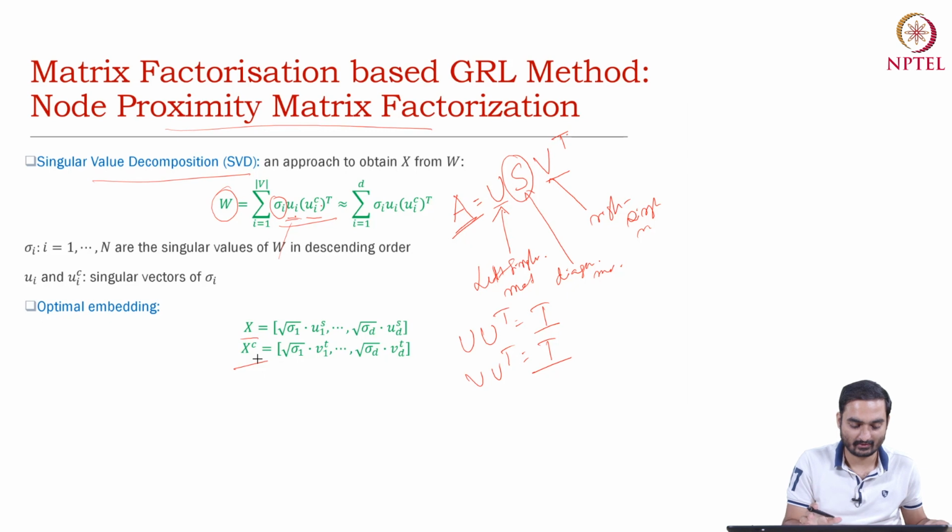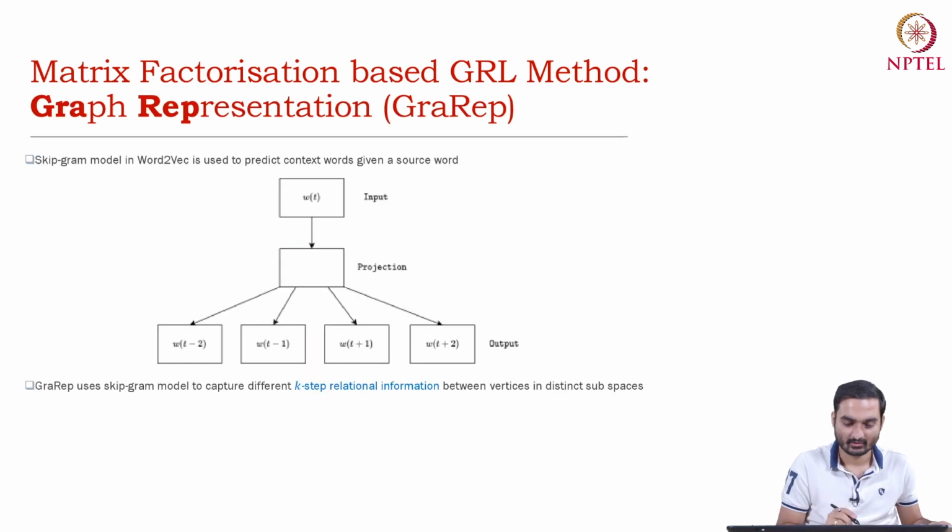So you essentially run singular value decomposition, decompose W into left singular and right singular vectors, take the left singular vectors, and then we get embeddings for every node, right. It is a straightforward approach.